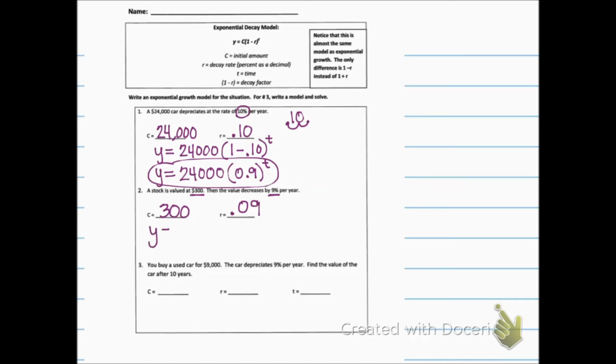So if we write our equation for this, it's going to be y equals 300 times 1 minus 0.09 to the t power. And then we can clean it up just a little bit. 1 minus 0.09 is 0.91 to the t power.